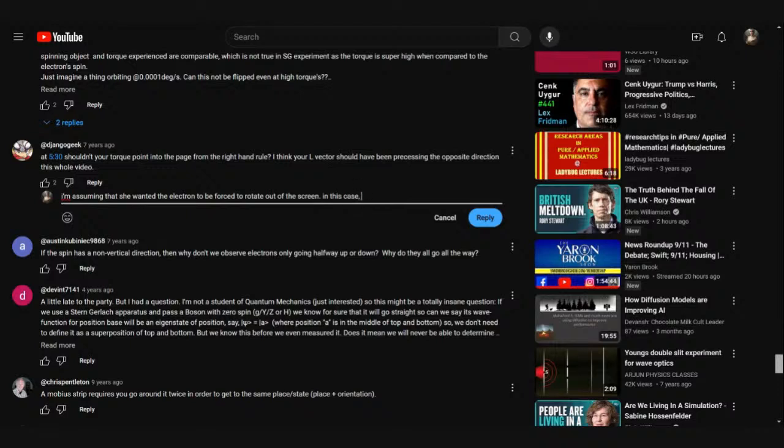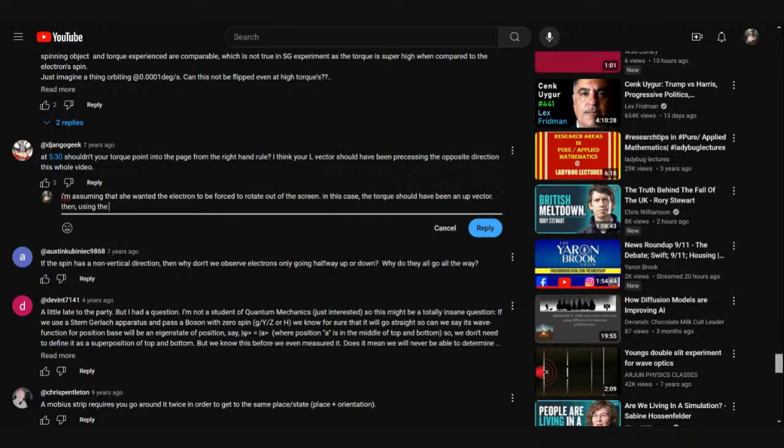In this case, the torque should have been an up vector.